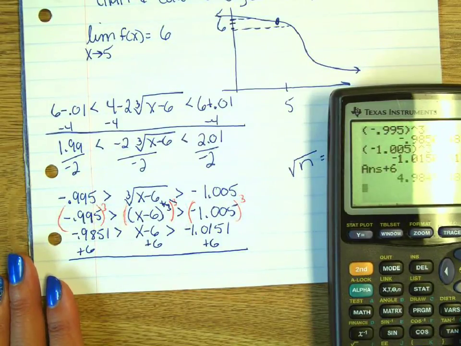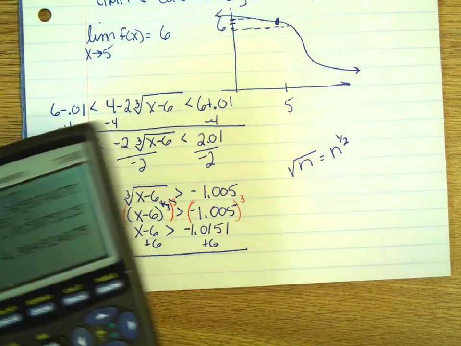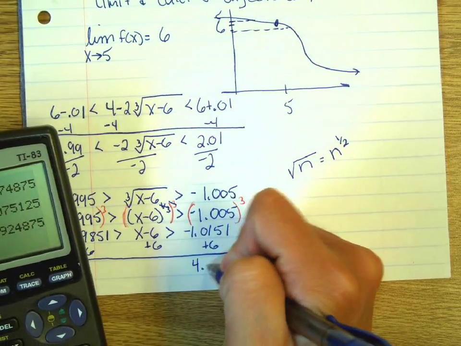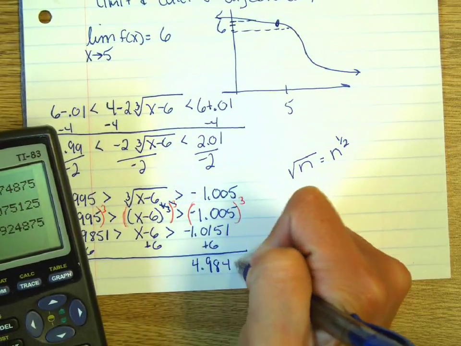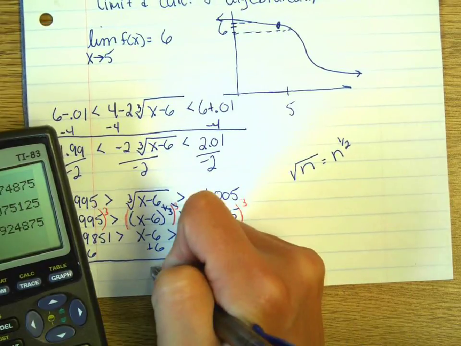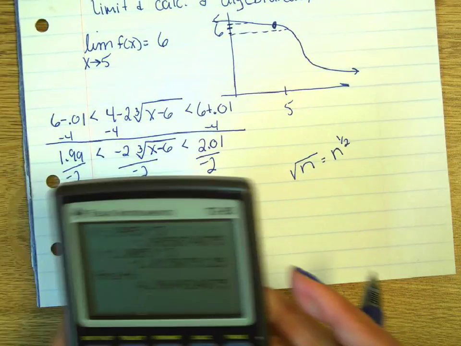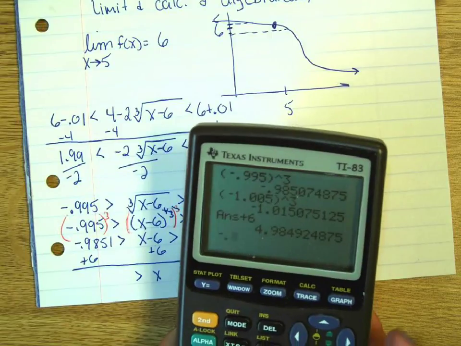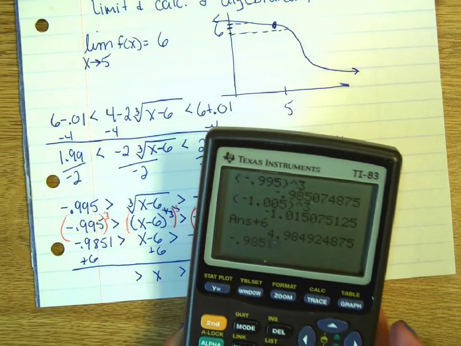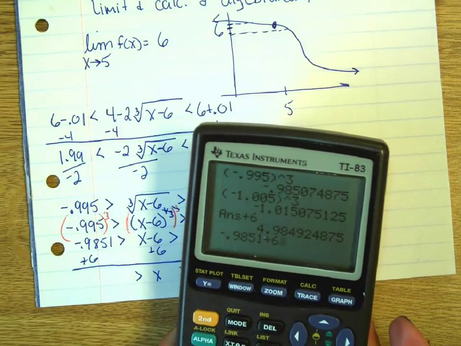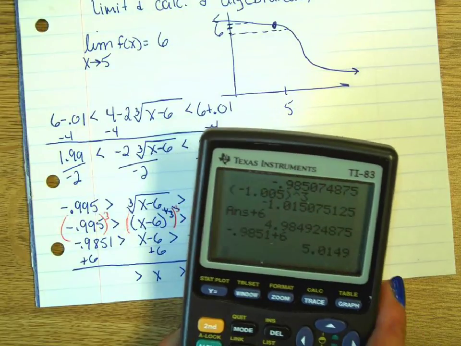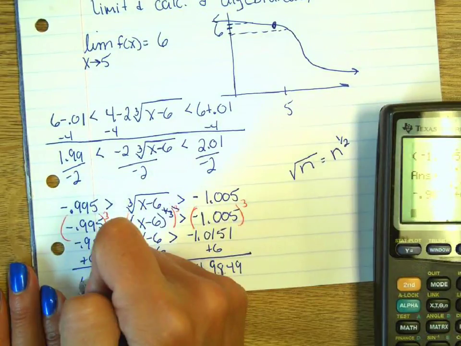Plus 6. I can get this one. This one here is 4.9849 x. Over here I will have negative 0.9851 plus 6, 5.0149.